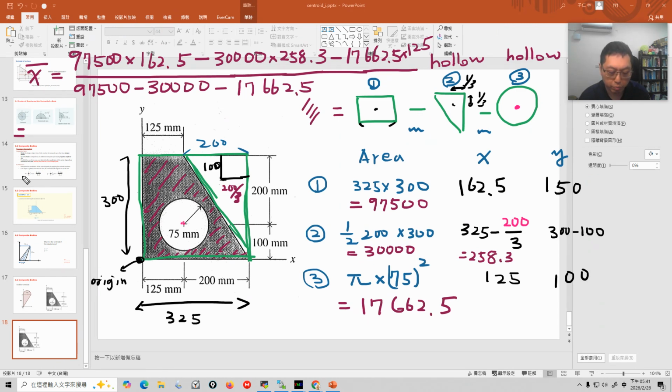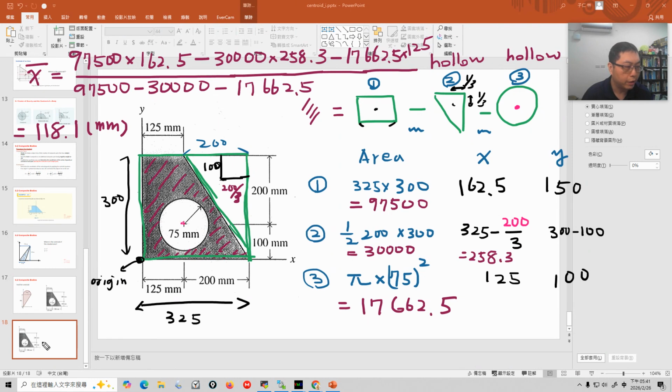Divided by, your minus. Okay, so the value is 118.1 millimeters. That's the x.